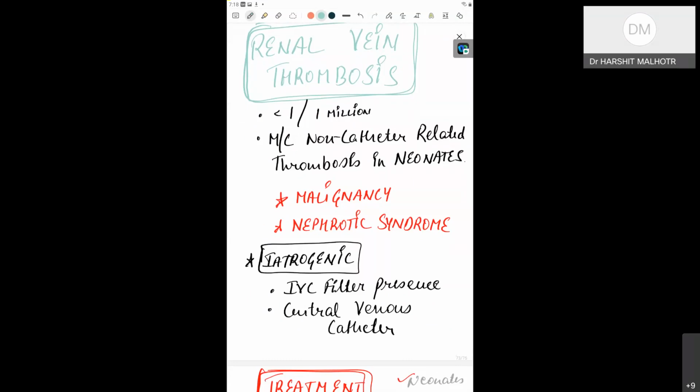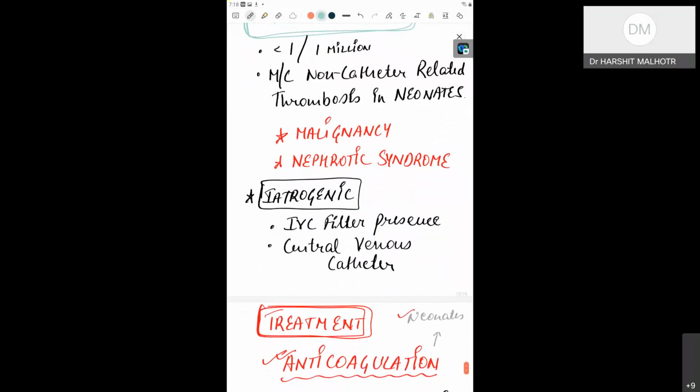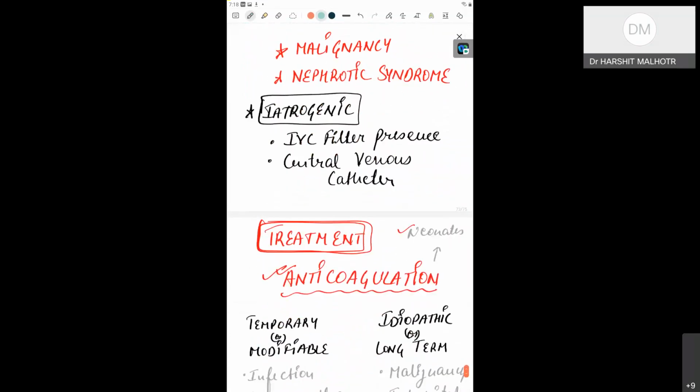Also, iatrogenically, renal vein thrombosis is seen when an IVC filter is placed and becomes blocked, and hence there is proximal propagation of the thrombus into the renal veins. Or there is placement of central venous catheters, and hence there is extensive thrombus which can extend into the renal veins.